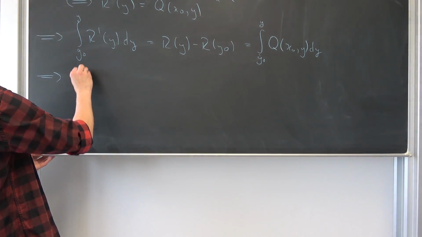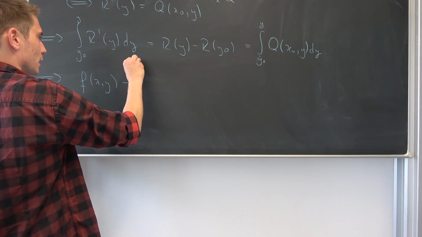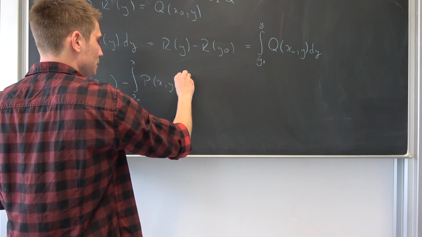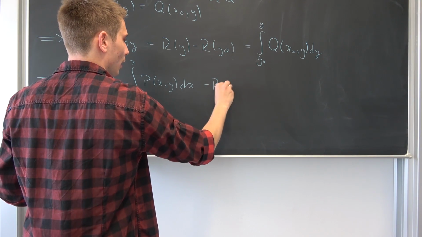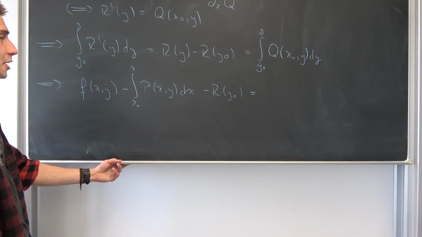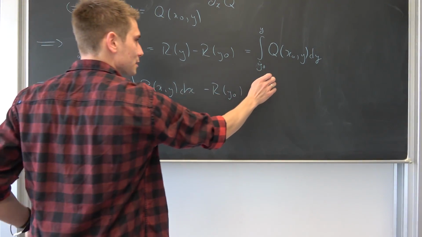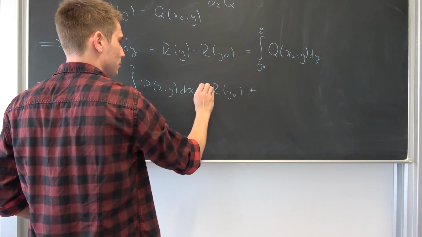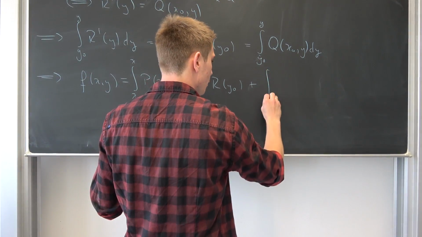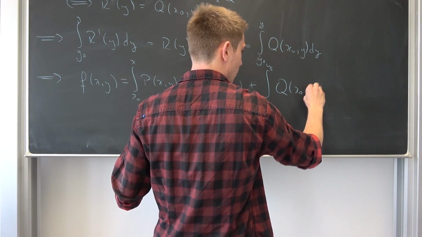R of y is f of x comma y minus the integral from x0 to x of p of x comma y dx, minus r of y0, being equal to this chunk right here. Actually, let me bring everything to this side, so just adding this on both sides. So we are going to get positive signs right here. Overall, we are going to stay positive in this video. From y0 to y, q of x0 comma y dy.